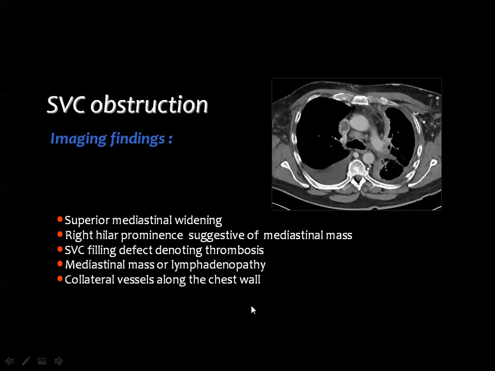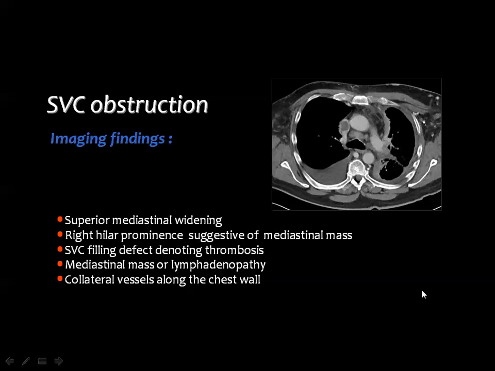And what are the imaging appearances for a superior vena cava obstruction? On the plain X-ray, you may see mediastinal widening or superior mediastinal widening, and also you may get enlargement of the right hilar shadow, which may be the sequelae of the presence of a mediastinal mass or a bronchogenic tumor.